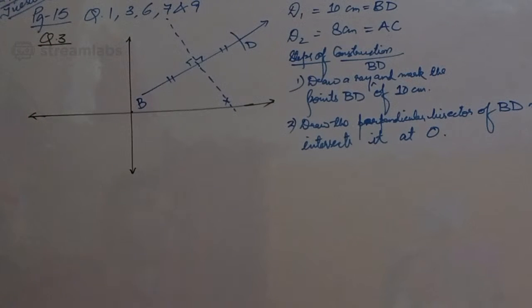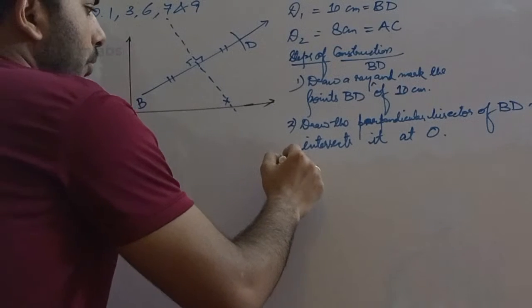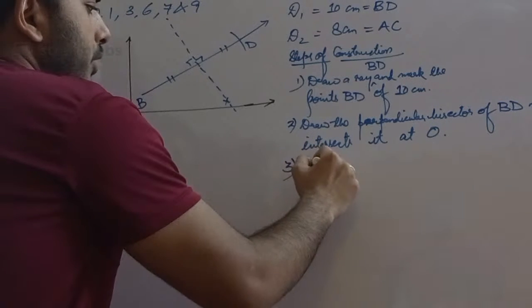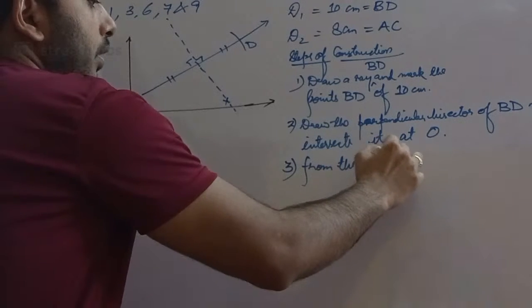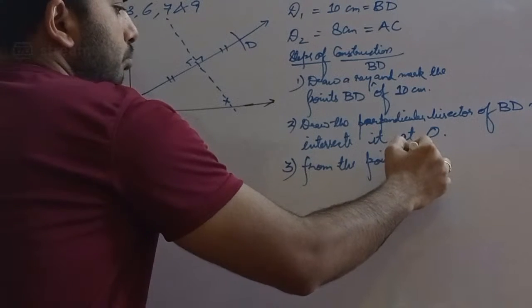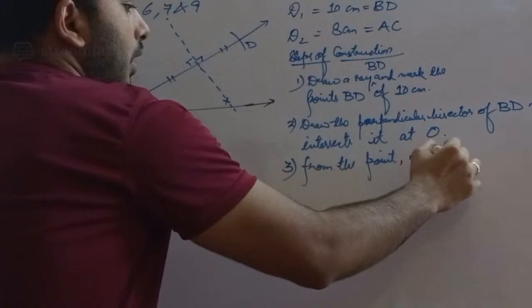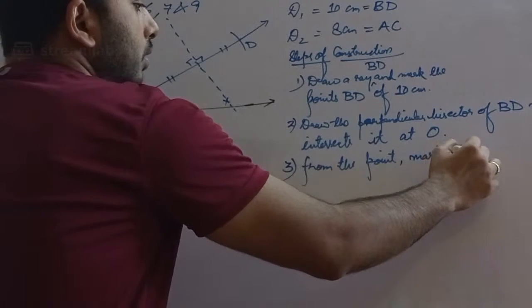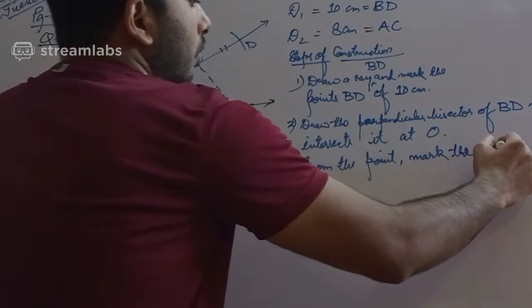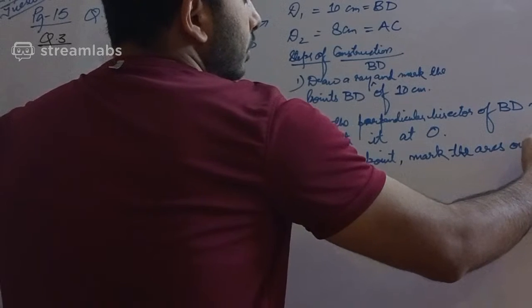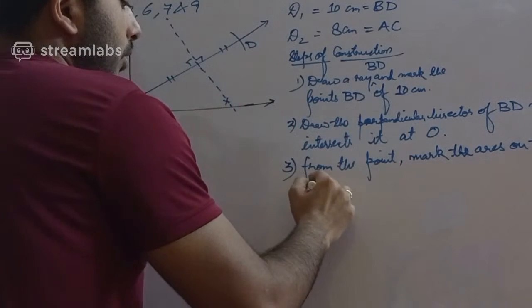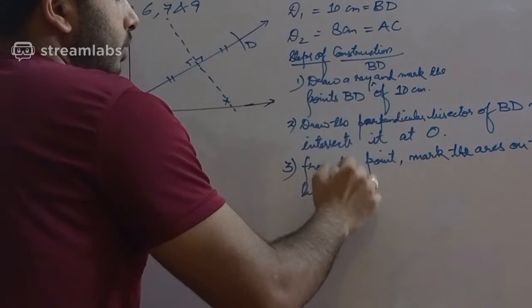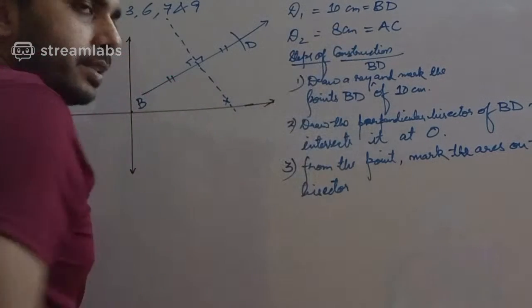Okay. Then from the point O, mark the arcs on the perpendicular bisector of length how much? Because another diagonal is of 8 centimeter.